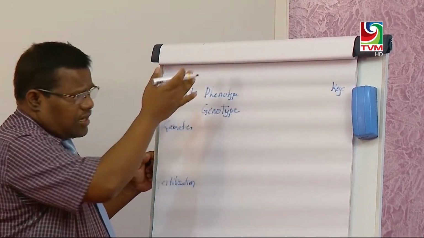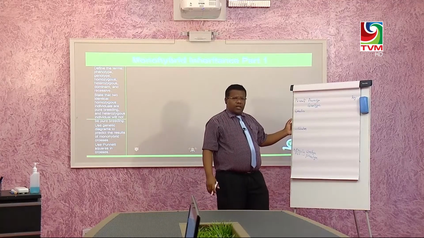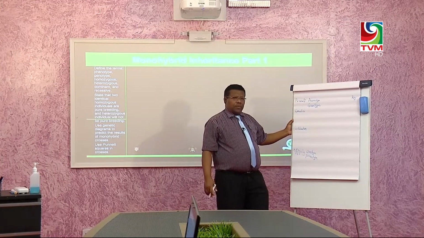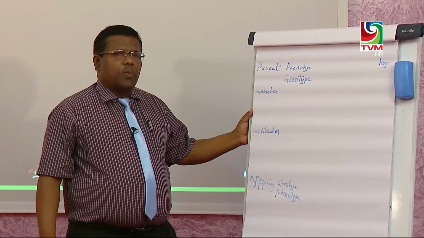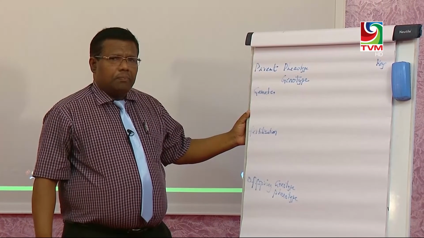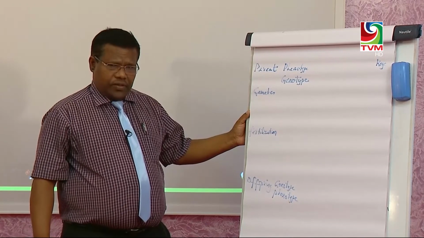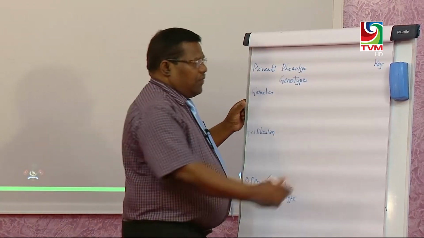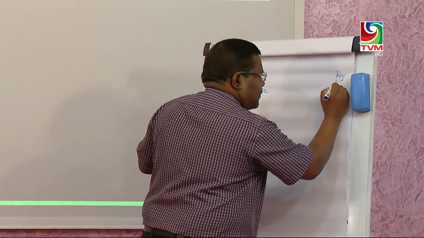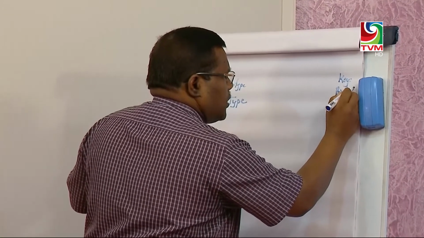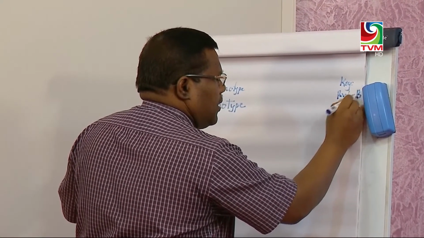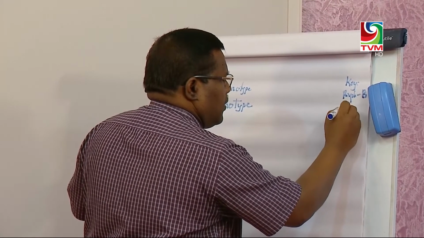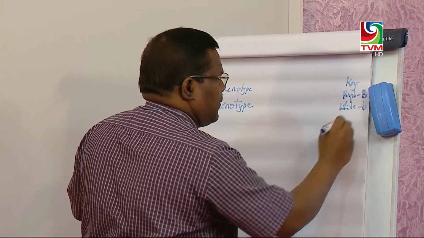We are going to see a genetic cross where the Pisum sativum or the garden pea plants with purple flowers are cross-pollinated with garden pea plants with white flowers. So for purple, we are using capital B, and for white, we are using small b.